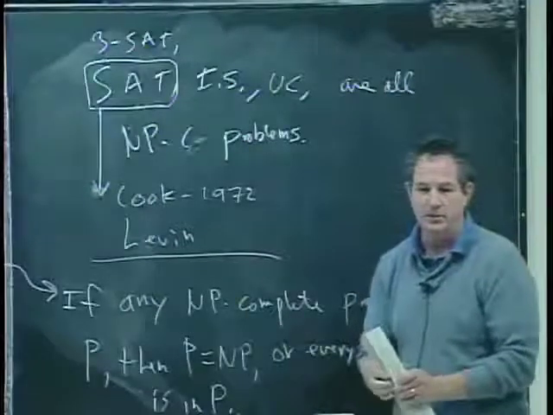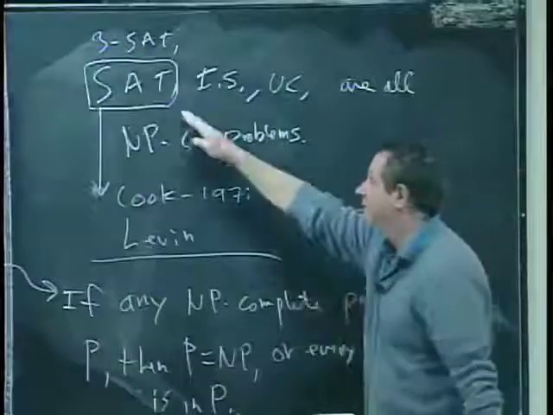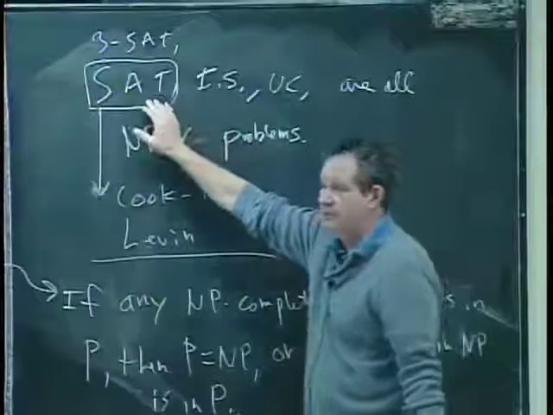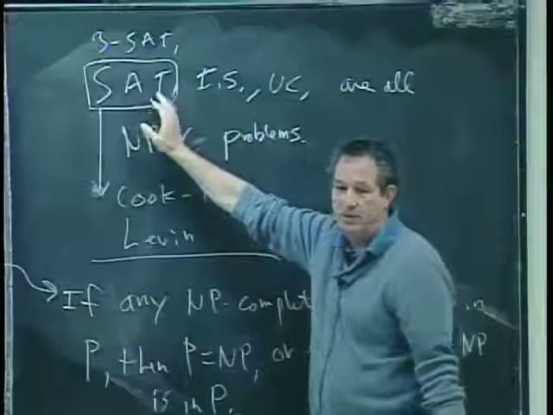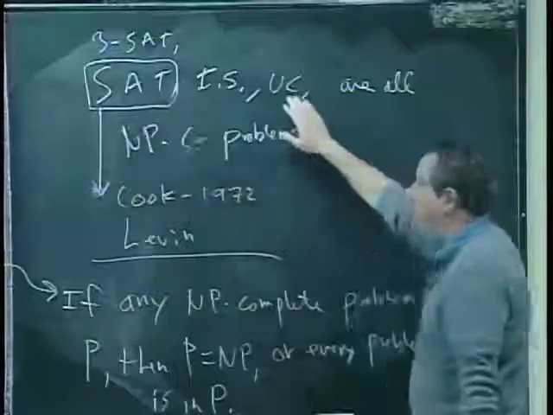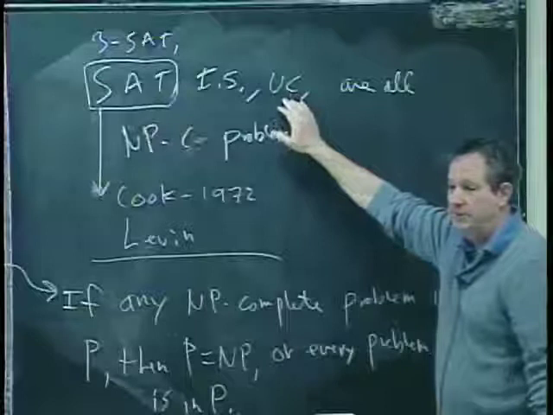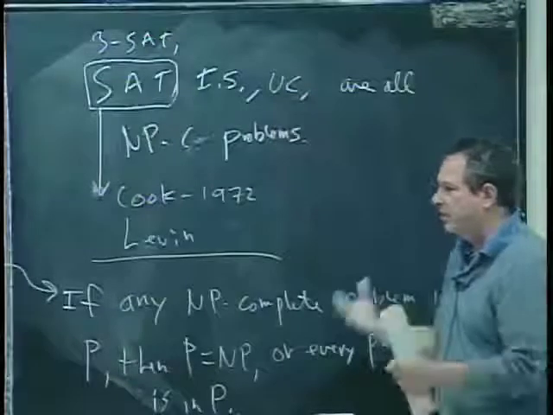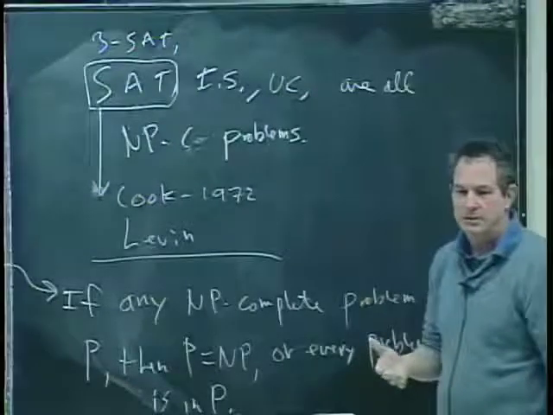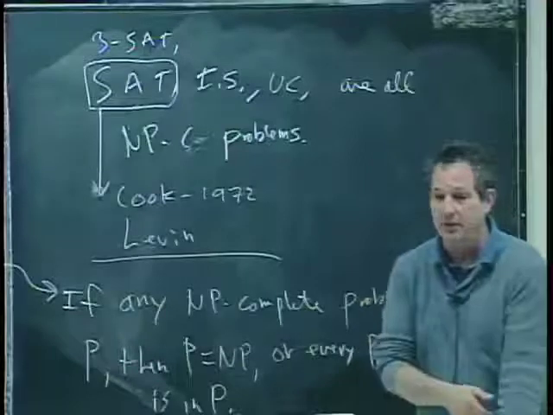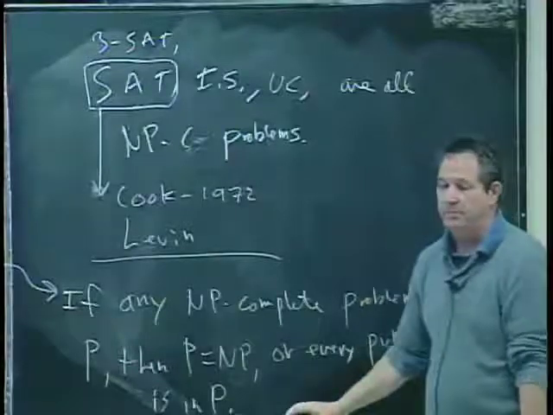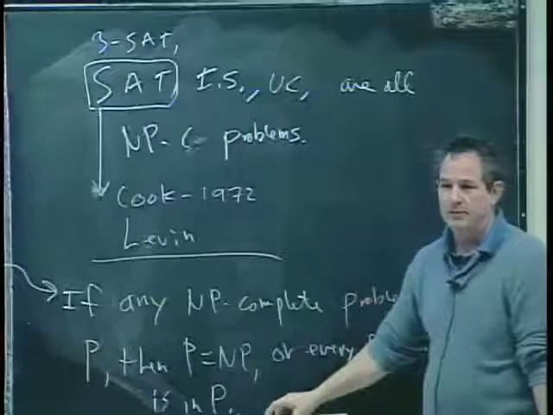Your failure is evidence that there's no polynomial time algorithm for SAT, and my failure is evidence that there's no polynomial time algorithm for vertex cover, but is the combined effort somehow evidence that P is not equal to NP? Anybody have an answer?